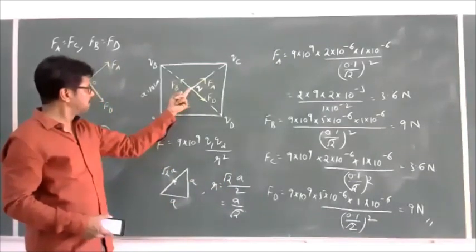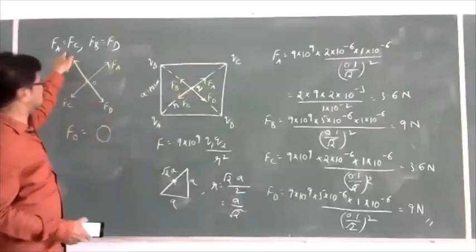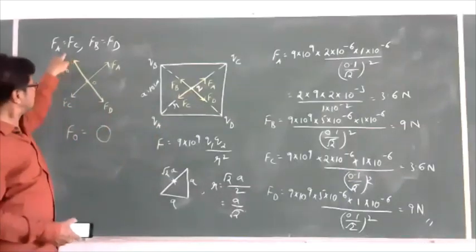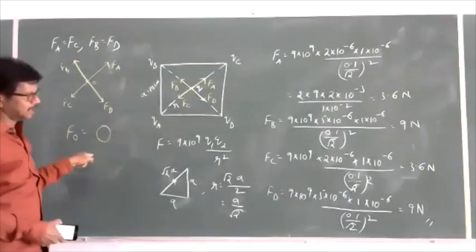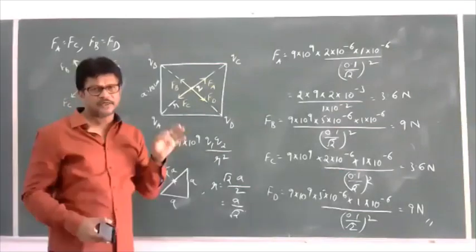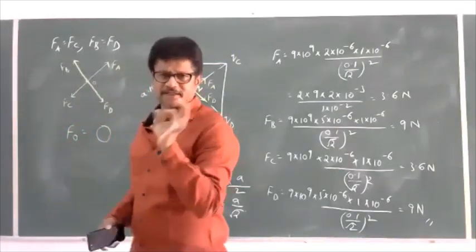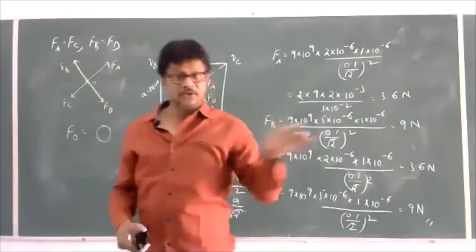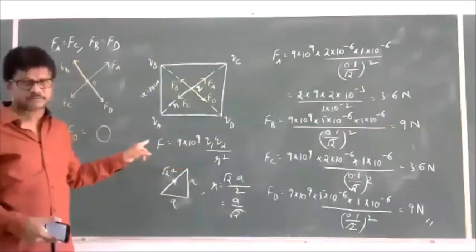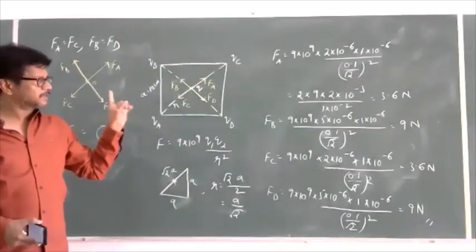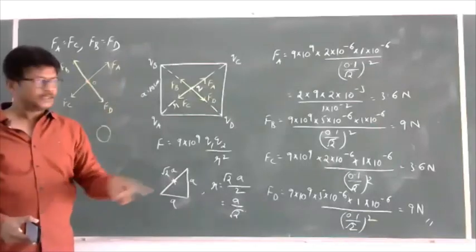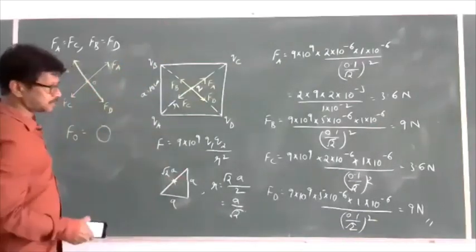That means FA is equal to FC. Then directly we can say the value of the net force acting at the center will be 0 without solving the problem. But as far as the same problem is given in PUC, you have to follow all these steps.